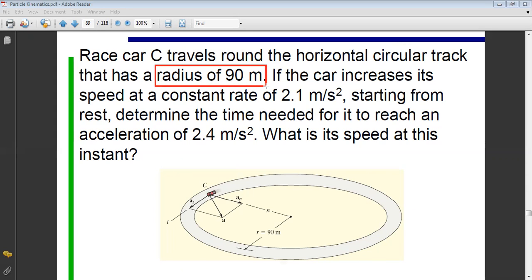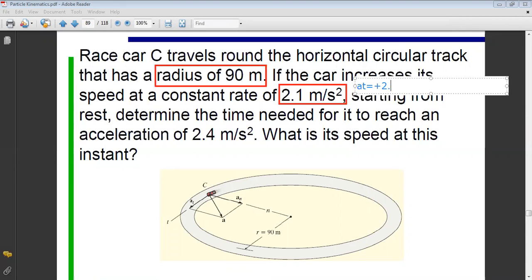Now they are saying that the car increases its speed at a constant rate of 2.1 meter per second square. So this represents what? The increase in speed. As we said in the previous problem, this is at. And since it's an increase in speed, at is plus 2.1.